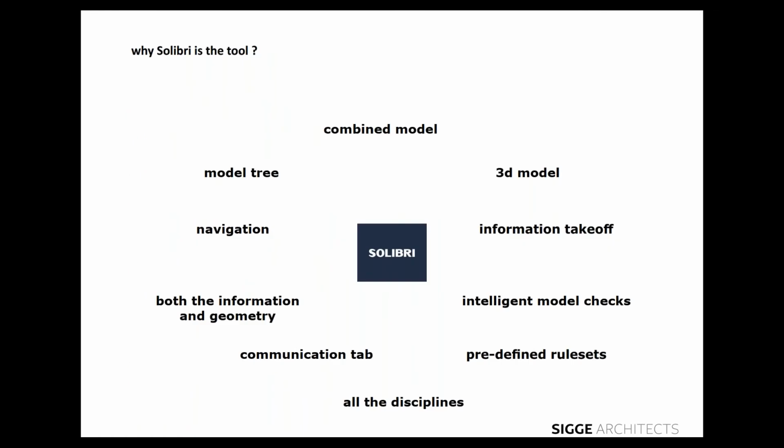So, why is Solibri the tool? Solibri is like combined software. It has elements which support visual navigation and research, but it also contains intelligent model check. It has rule sets, communication tab, navigation, model tree, and classification, for example.